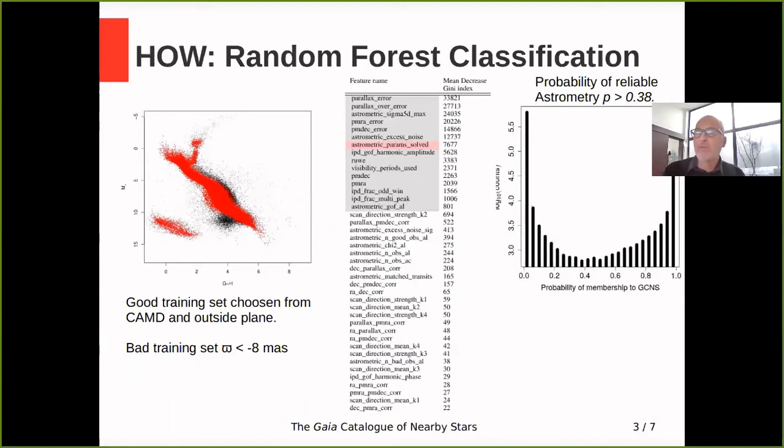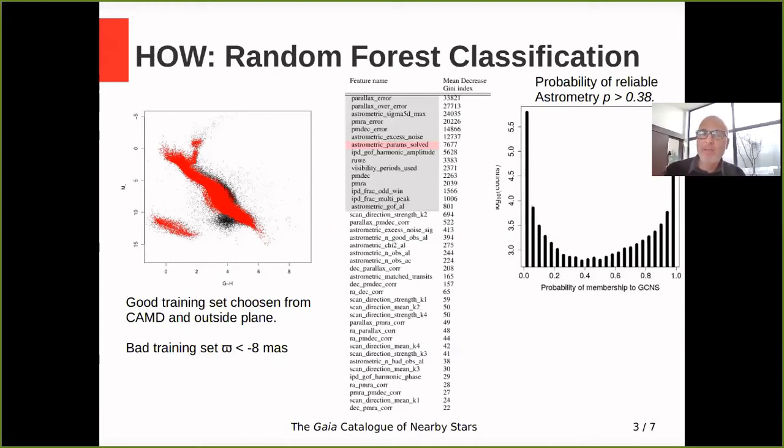We train the random forest classifier and apply it to the sources that we retrieve from the query to the Gaia database. We get a ranking of the variables that are most informative for distinguishing good from spurious parallax solutions.